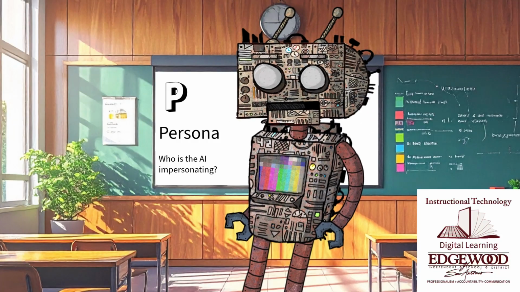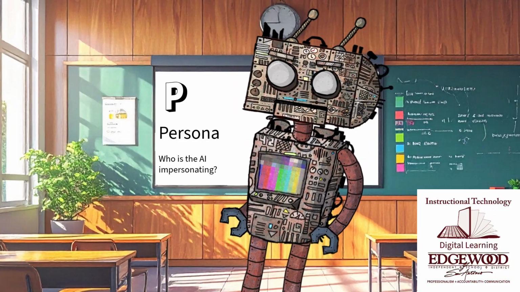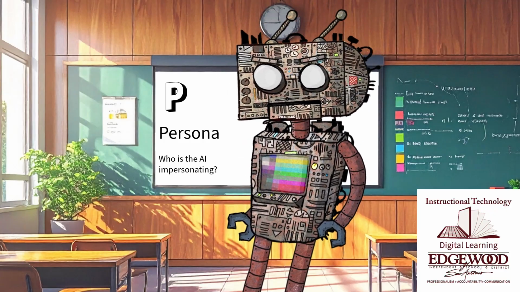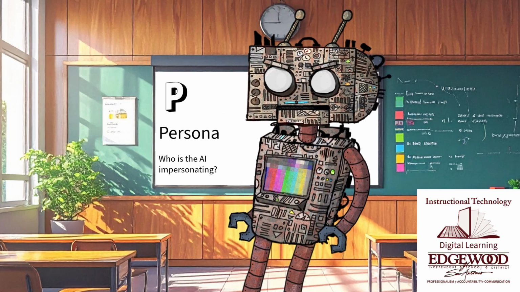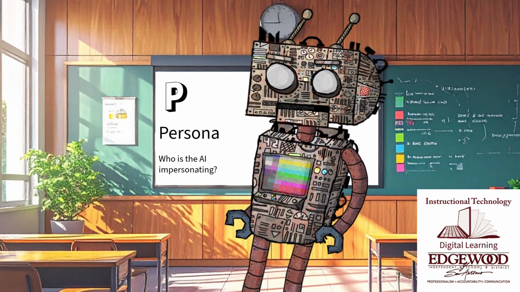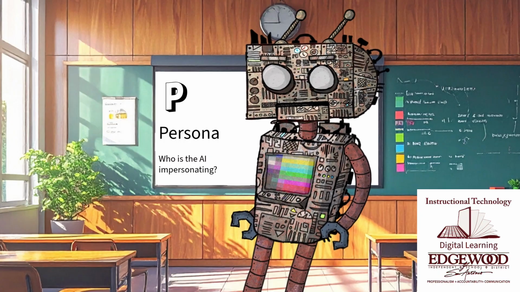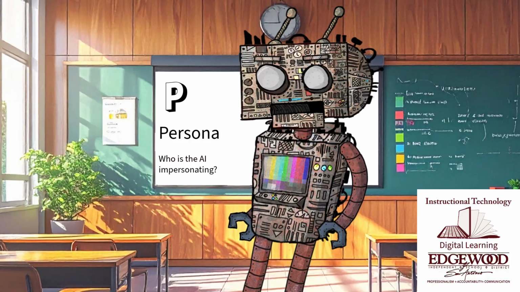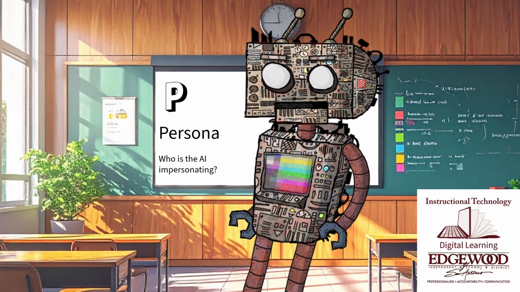Are you a strict college professor? Are you an excited 5th grade science teacher? Are you a grumpy pirate explaining economics? Weak P, act like a teacher. Strong P, you are an expert biology teacher who loves using analogies to explain complex topics. When you give it a persona, it changes how it thinks about the information.